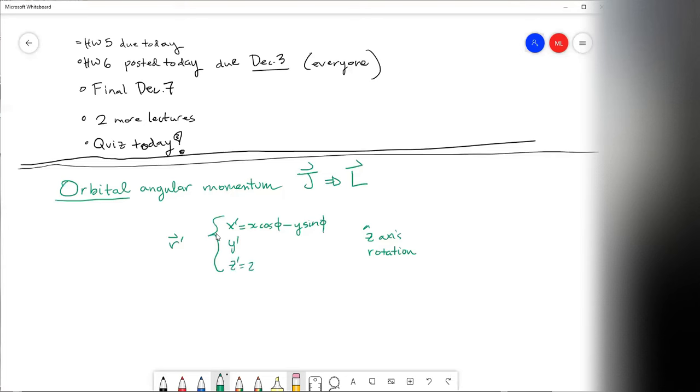So of course, if we're rotating around z, the z doesn't change. Okay, so we have this rotation around the z-axis, and it'll be useful for what we're doing.